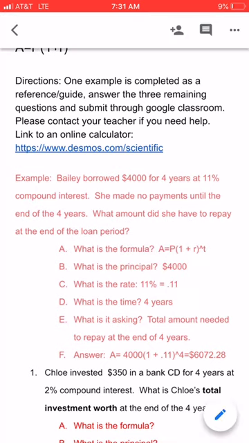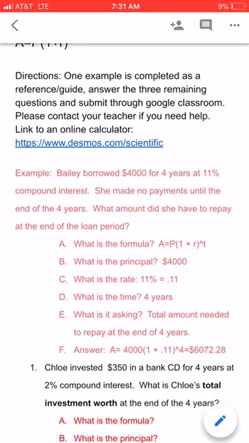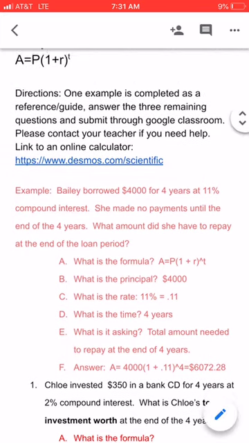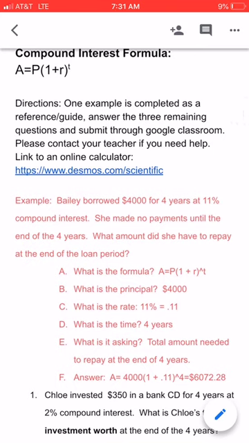Okay. What is the time? It tells us right there, it will always be in years, 4 years. So we're just going to enter it into our formula to find the total amount that Bailey needs to repay at the end of 4 years. So principal, what was the initial amount? $4,000.